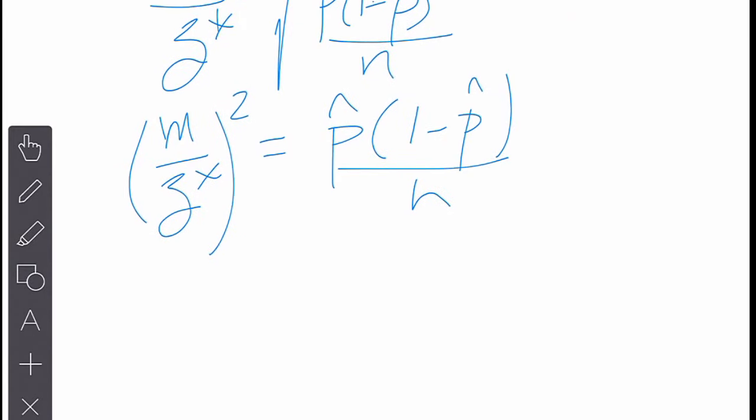Now what I'm going to do is, algebraically, I can solve this by multiplying both sides by n and dividing both sides by m over z star squared, which works out to just like flipping these around. This one goes here, and that one goes there, right? That one goes up, that one goes down. And when this fraction goes down here, it's the same as multiplying the reciprocal, so it gets flipped as well.